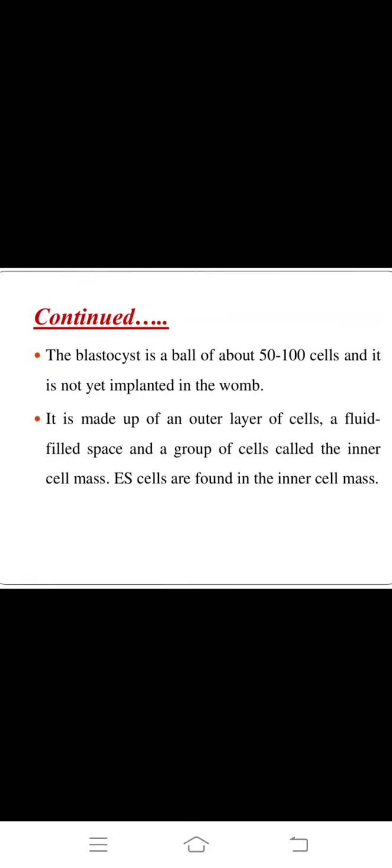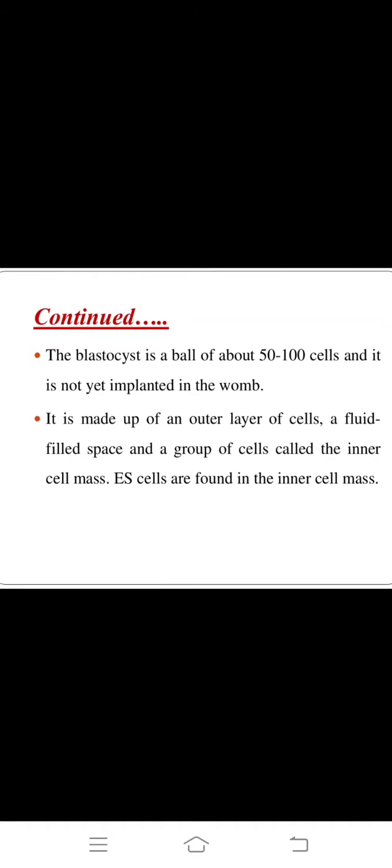Okay, next, this is a continuation of embryonic stem cells. The blastocyst is a ball of about 50 to 100 cells, and it is not yet implanted in the womb.